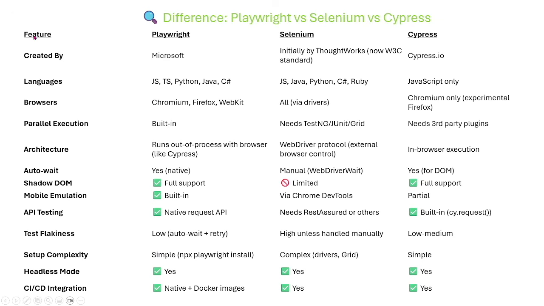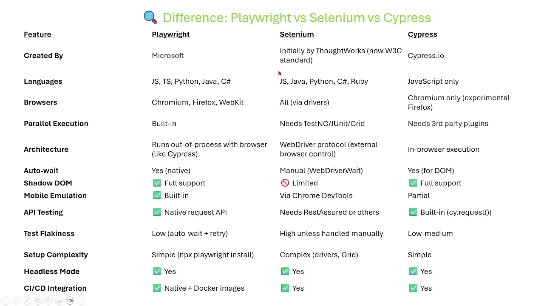Difference: Playwright vs Selenium vs Cypress. We can see here the feature comparison. Here is Playwright, Selenium, Cypress.